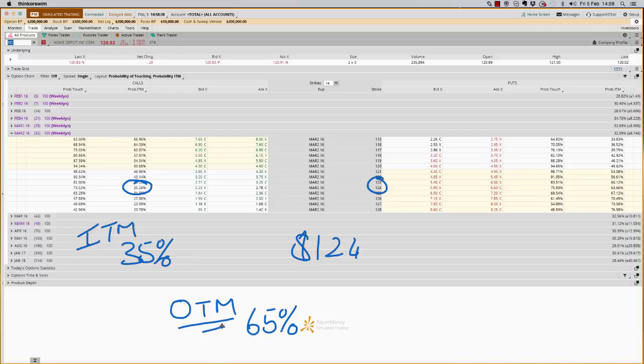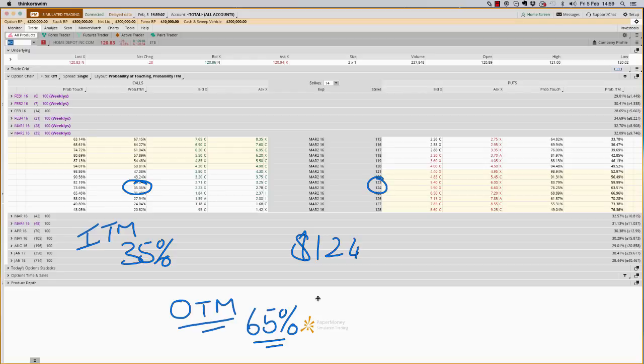Consider this for a moment. If I know that that strike price will expire worthless with a 65% probability, could I sell that option instead of buying it? Because one of the benefits of the option market is for every buyer there's a seller.